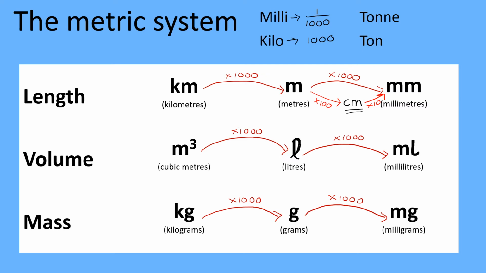Now you may be thinking, what about a tonne? So there's 2 tonnes written at the top. The first tonne is the metric tonne, that's the one with the NE at the end, and that is 1000 kilograms. Now the tonne, T-O-N, that's the old-fashioned tonne, the imperial measure tonne, and that is 1016 kilograms.